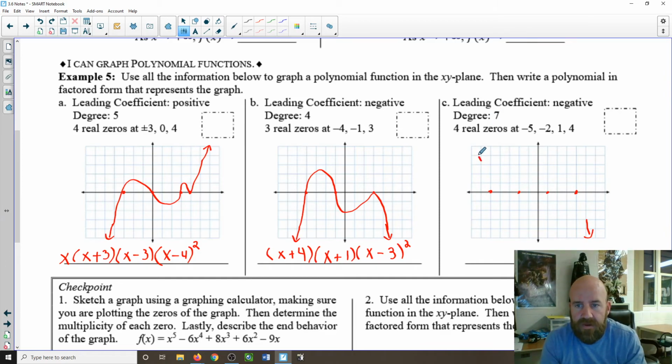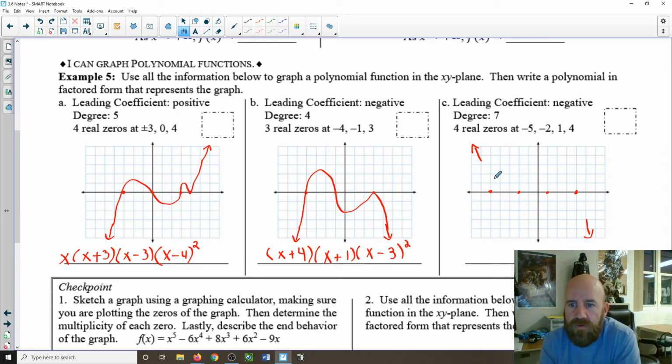So this one's going up. Okay, so 7th degree means we should have 7 total, and then we have 4 real zeros shown, so we need to double up on a couple of these. Actually 3 of them, or one of them and have 2 complex zeros.